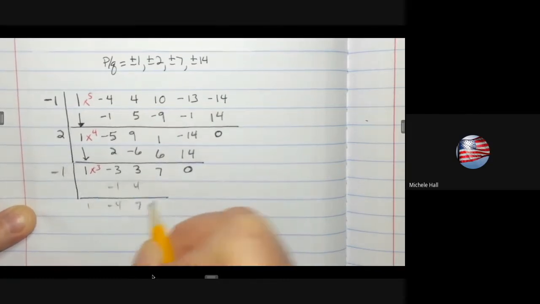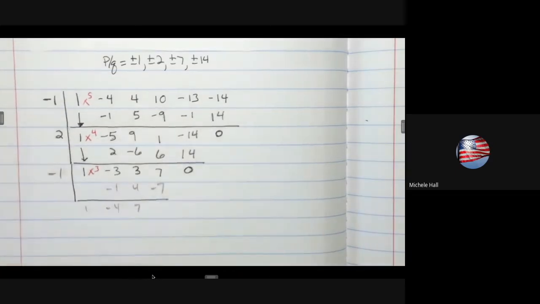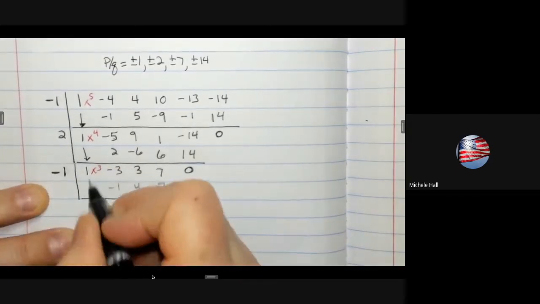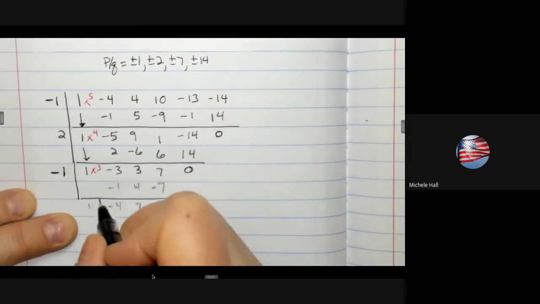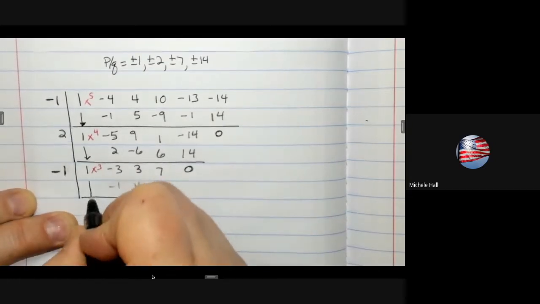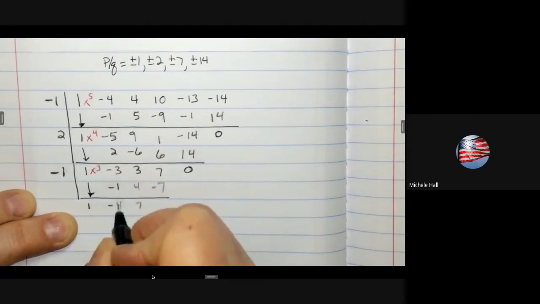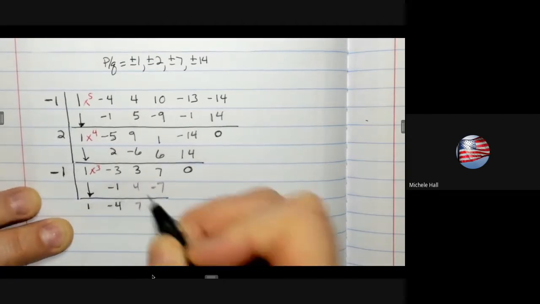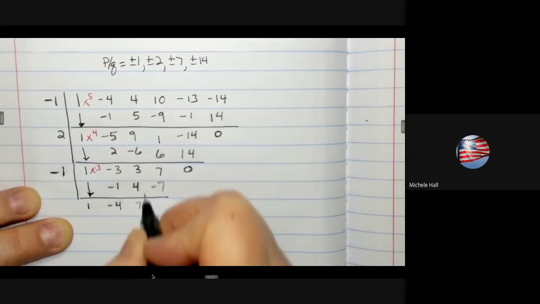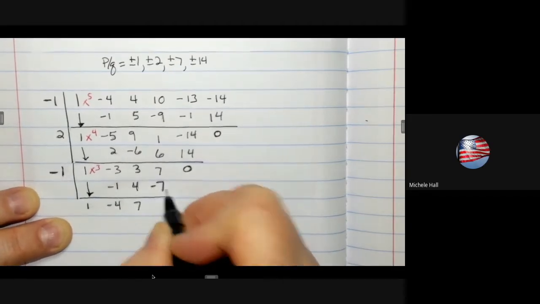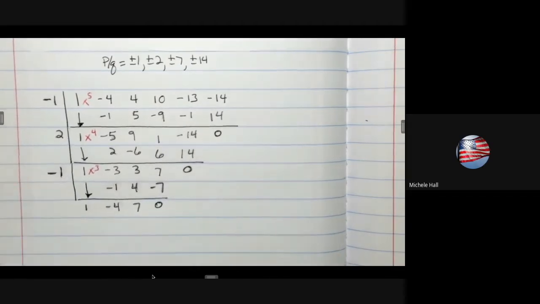And this is looking promising. All right, so -1 works again in our polynomial, that a degree 3 here. Bringing down the 1, 1 times -1, -3, -1, -4 times -1 is 4, and 4 and 3 is 7. 7 times -1 is -7, and we get 0.